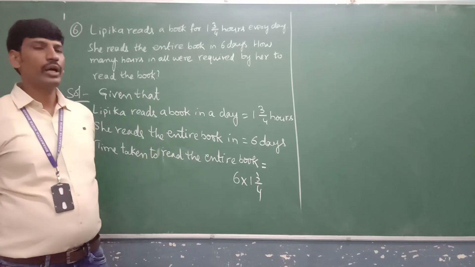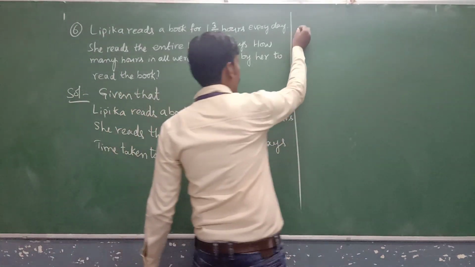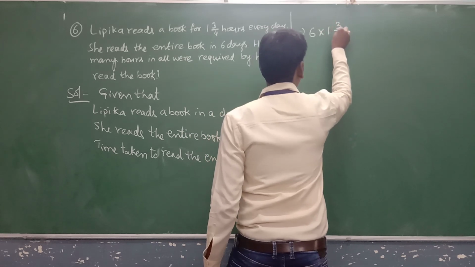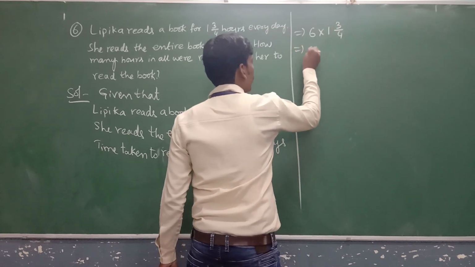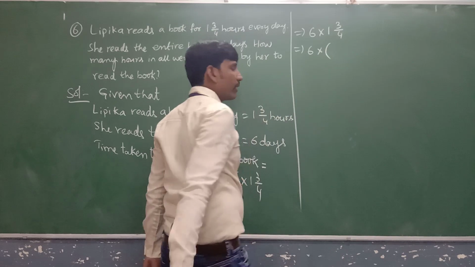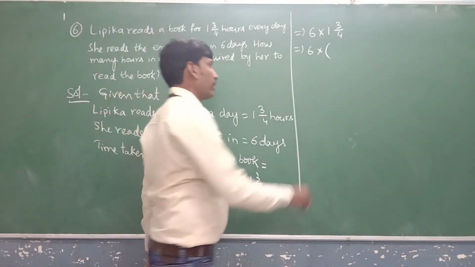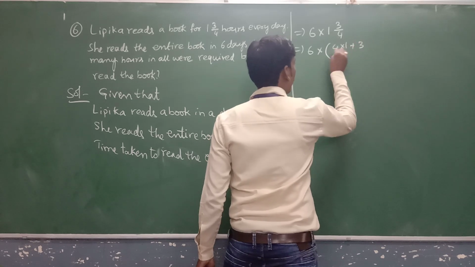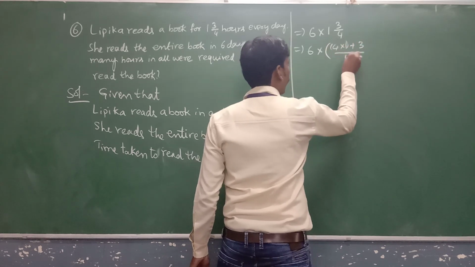Convert into an improper fraction. So 6 into 1 3/4 implies 6 into (4 into 1 plus 3) by 4.